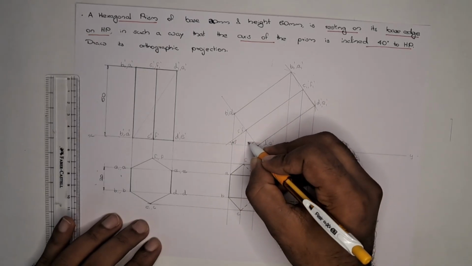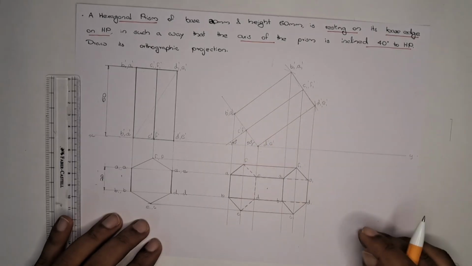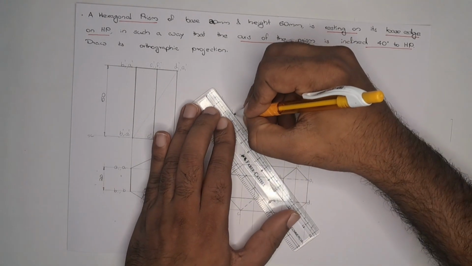So as this angle will be 50 degrees, 40 degrees and 50 degrees. You can mark it with thick lines.